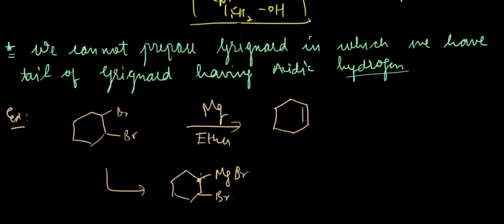Now this carbon has a partial negative charge and this one a partial positive charge. This carbon atom attacks this carbon atom to form a double bond, and as a result this Br withdraws its valence electrons and also takes this carbon's electrons. So we get something like this as our compound.